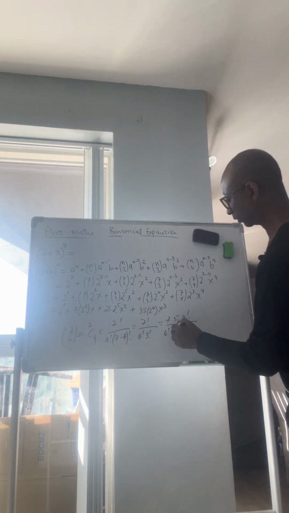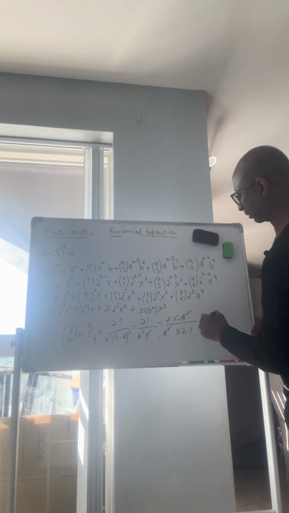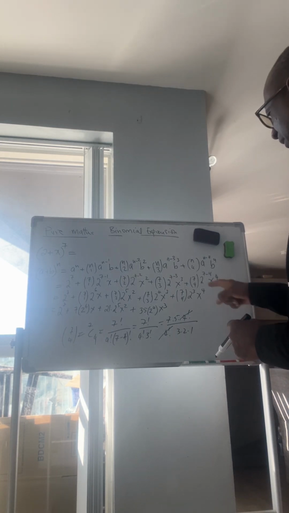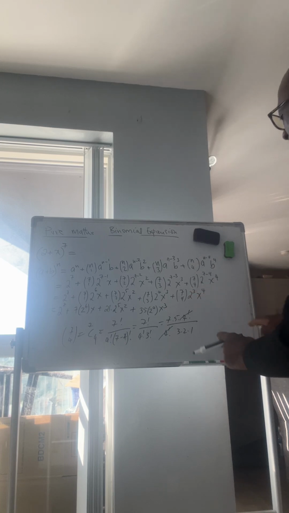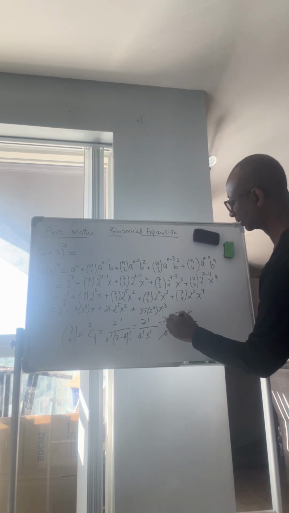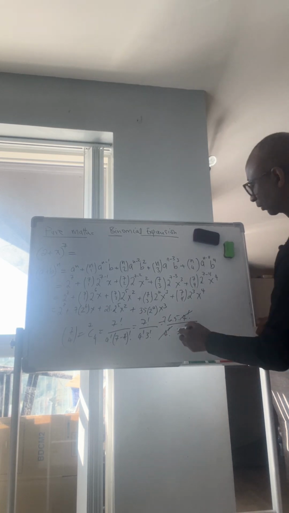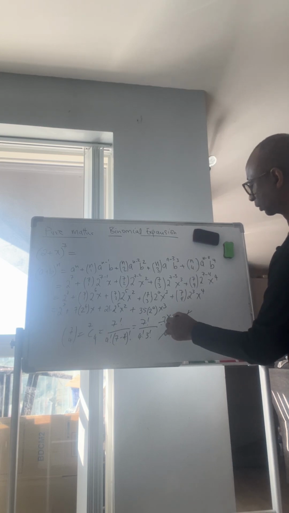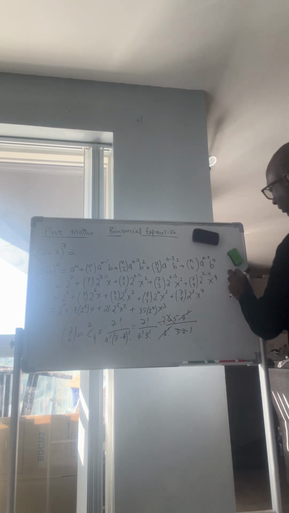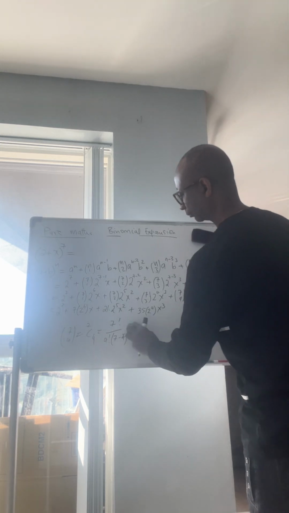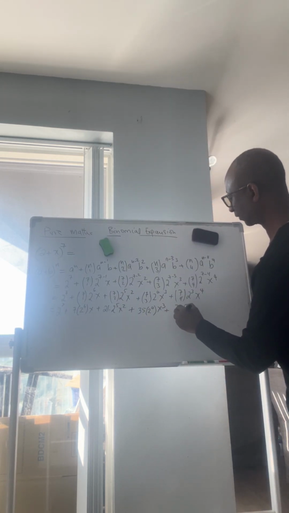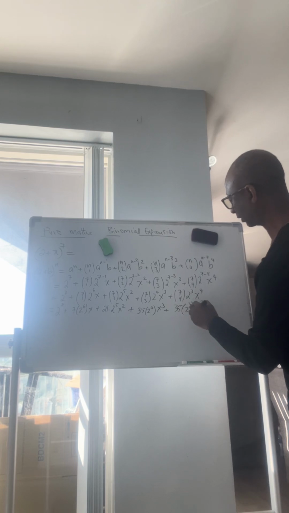The factorial cancels, the 6 cancels, so what remains is 7 times 5, which is 35. So again it's 35. Plus 35 times 2^3 x^4.